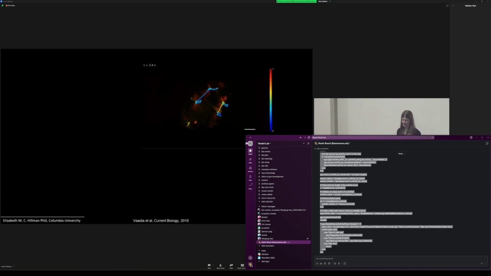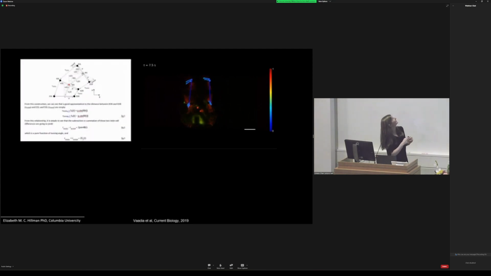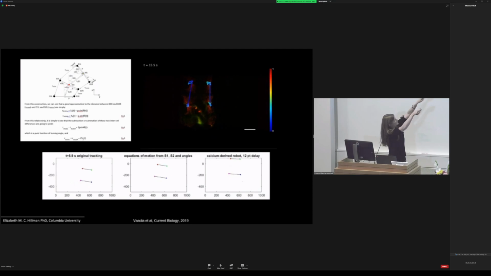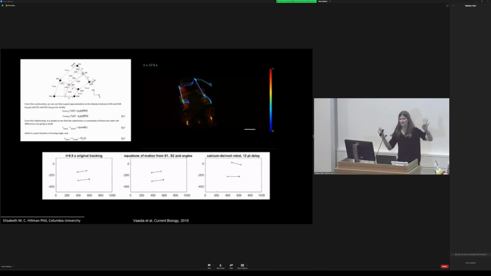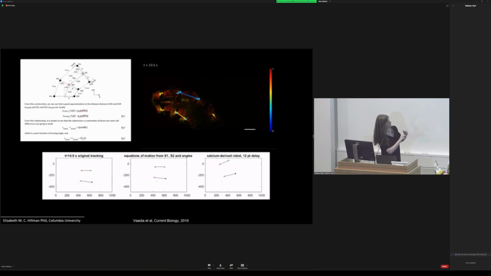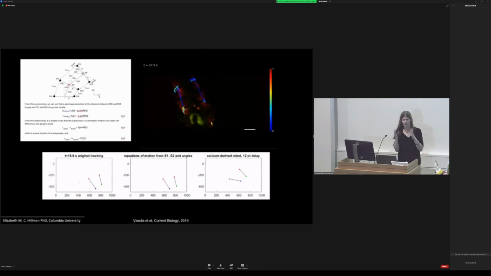My little foray into neuroscience here was extracting those signals and generating a little model. This is not very tidy looking, but this is the original data. These are the two neurons at the top of the head, and this larva is doing what it wants. Just based on the signals from the neurons, I was able to generate this fake version of the larva and really decode the way that those signals were talking to the brain.